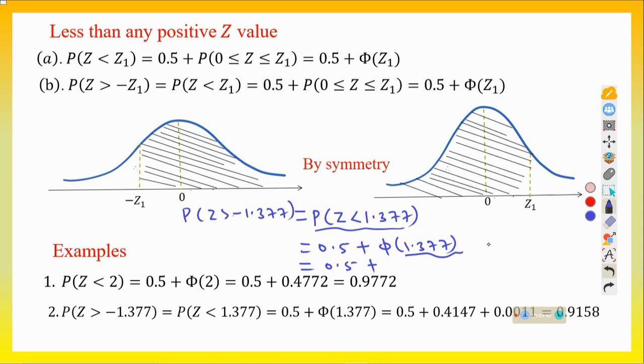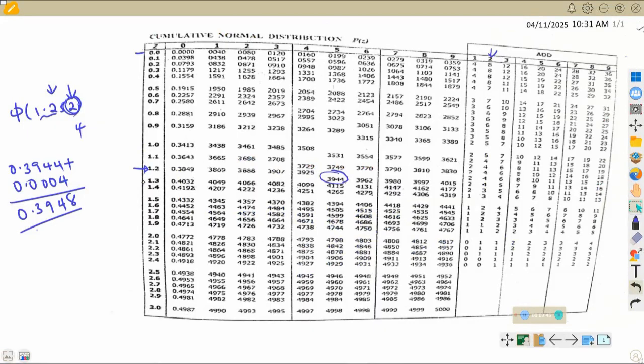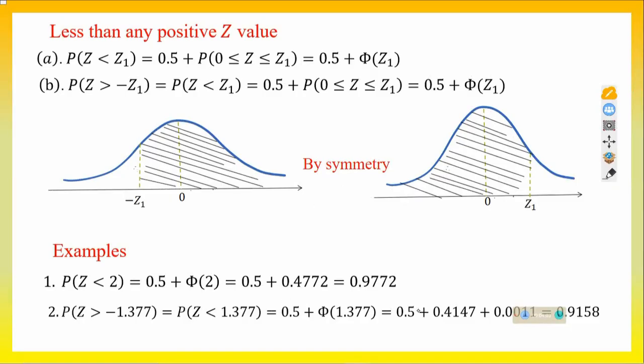So you will go to your table, you look for 1.3 where there is 7. 1.3 is here, and we look for 7. 7 is here: 4147. So it means you have 0.4147.